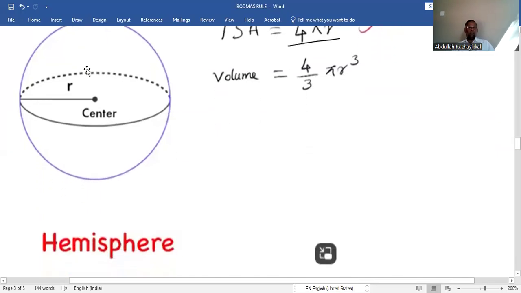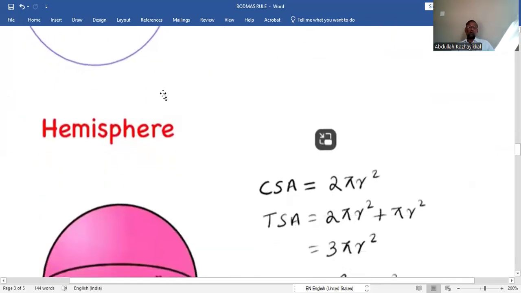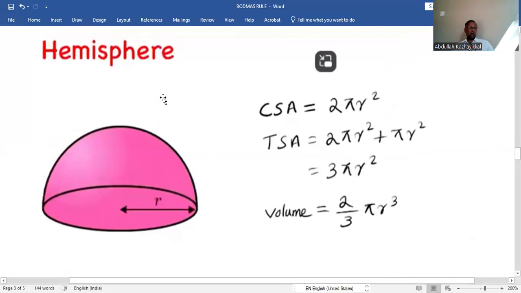Now look here. One more. Hemisphere. This is what is most interesting. I told you hemisphere, cutting into 2, pi r square. Hemisphere TSA. Here, we have a hemisphere. This is the hemisphere. It is not hollow, it is full. It is solid, like a piece of lemon. Here is the circle.